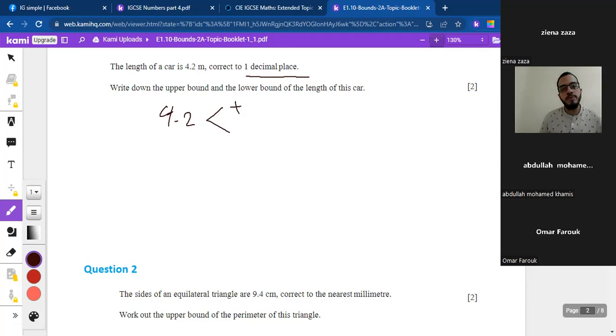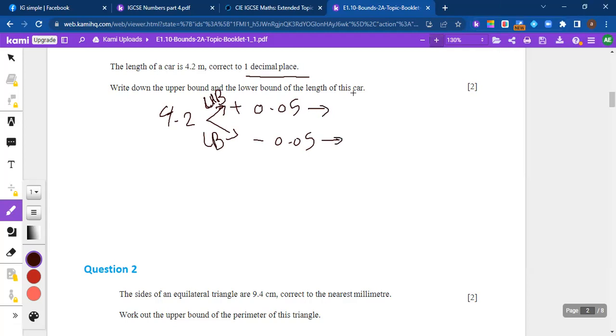We add 0.05 and minus 0.05. From here, this is the lower, the upper, and here the lower. So the answer here will be 4.25, and the second one will be 4.15.